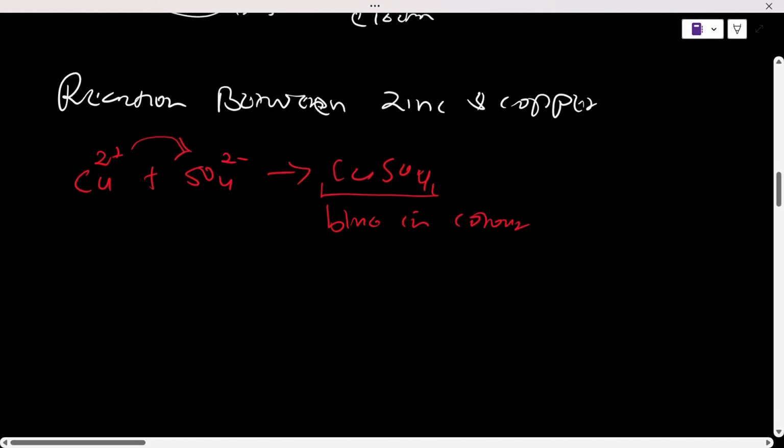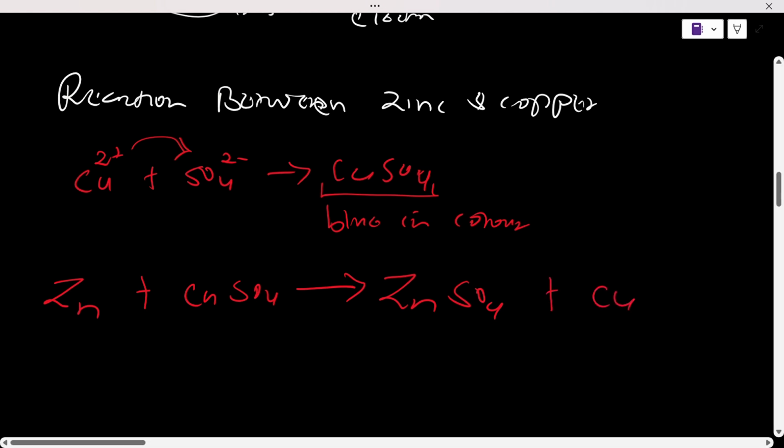Now, in a situation whereby I want to react zinc plus copper sulfate, I know very well at the back of my mind that I'm going to form zinc sulfate plus copper.